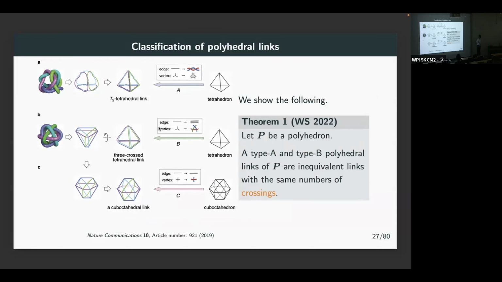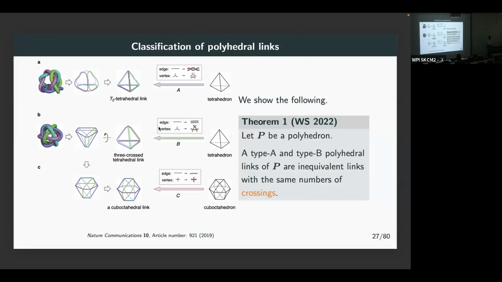If you prepare some polyhedron, like a tetrahedron, and if you make a link type A and type B from this tetrahedron, then we can show that those two links are different. Those are not equivalent links, but they share the same property. So in this case, the number of the crossings is the same.